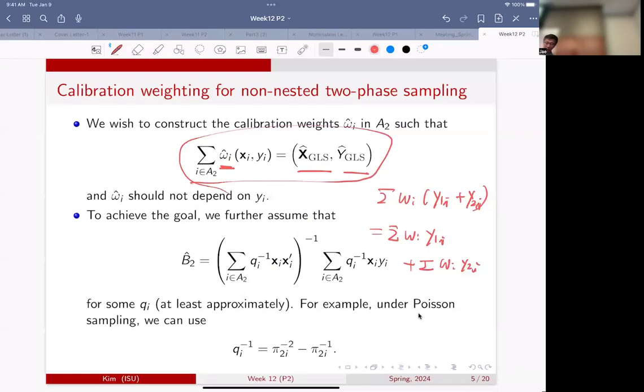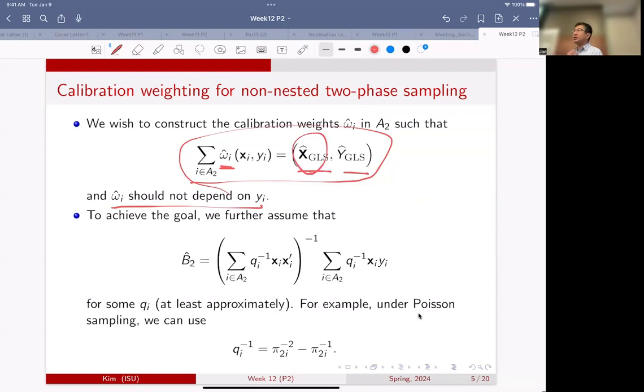So we do not want the weight to depend on Y. The problem is we want to use the first part of calibration and then make sure that the final estimator matches with the GLS estimator.